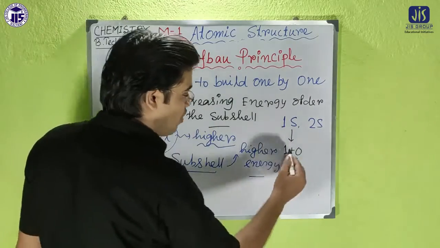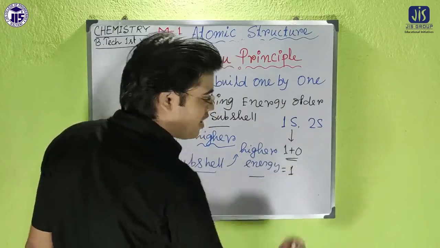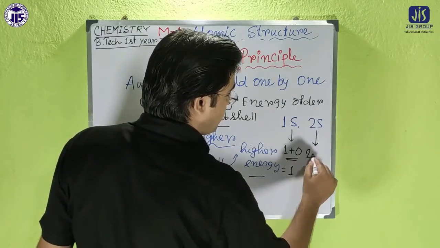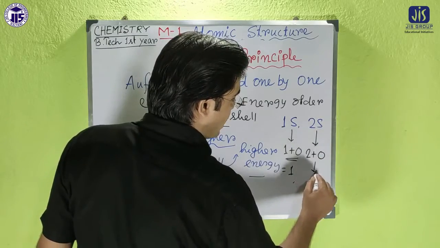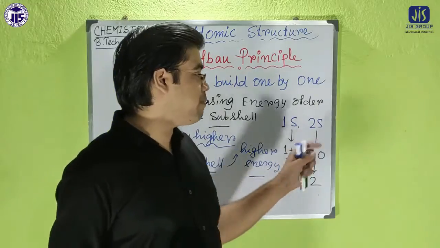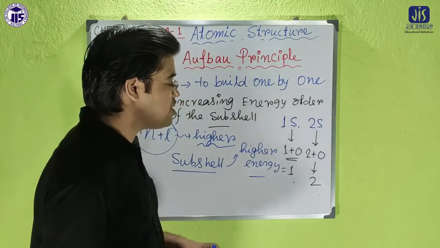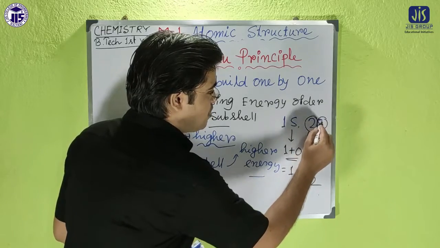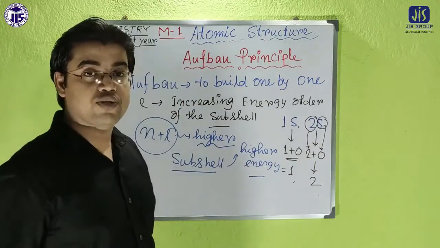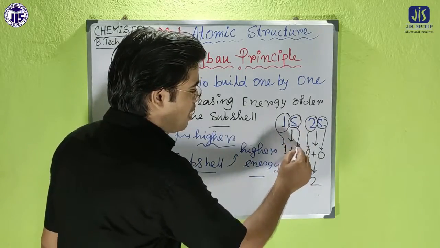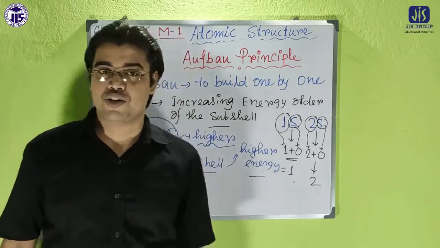So n plus L is 1 plus 0 equals 1. In the second case, 2s, the principal quantum number is 2 and the azimuthal quantum number is 0, so n plus L is 2 plus 0, that is 2.